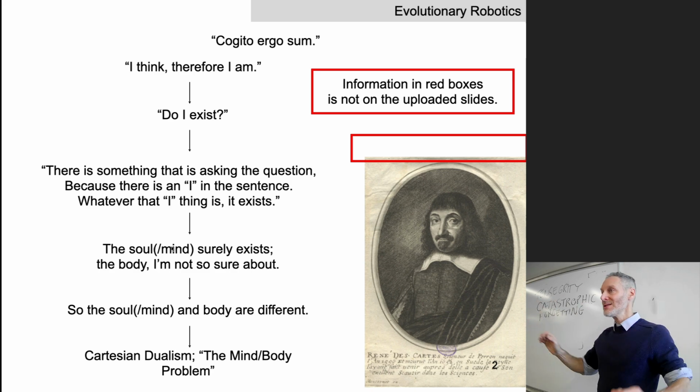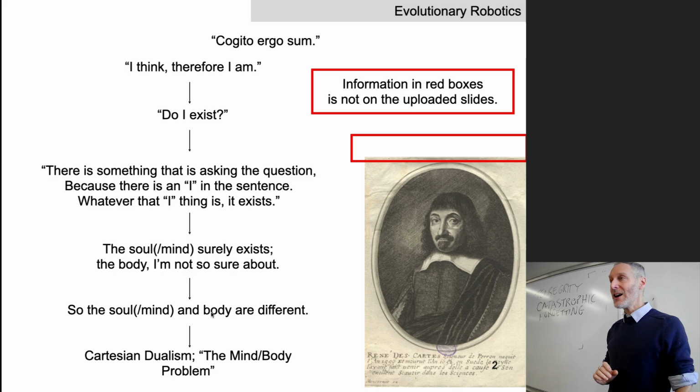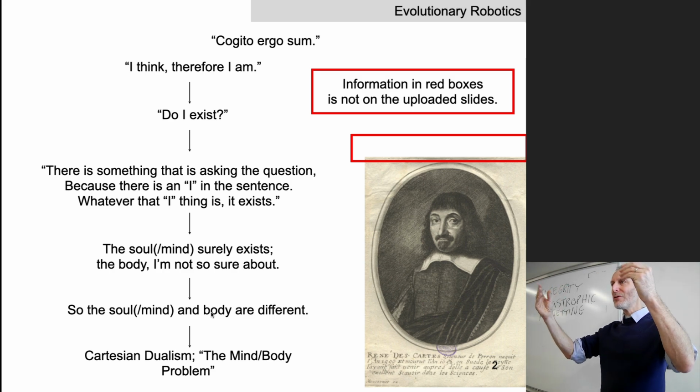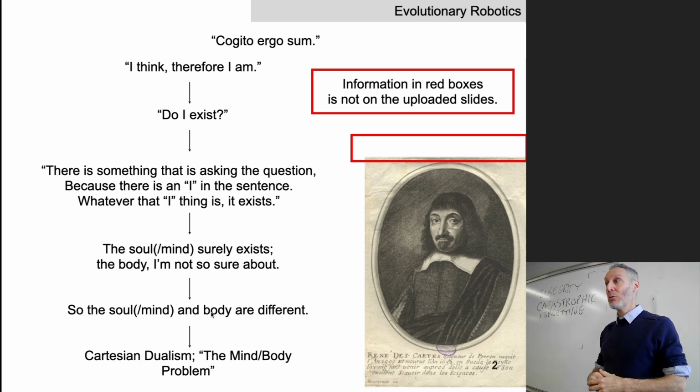I, or maybe us, and then everything else. And for Descartes, some of that other stuff was the body. This itself is not really the thing. For Descartes, this stuff isn't the thing that's asking the question. It's some other stuff, which, again, I'm not even sure that it exists.